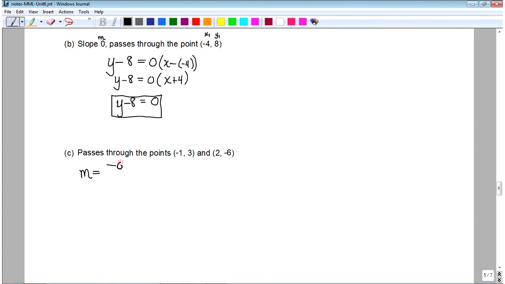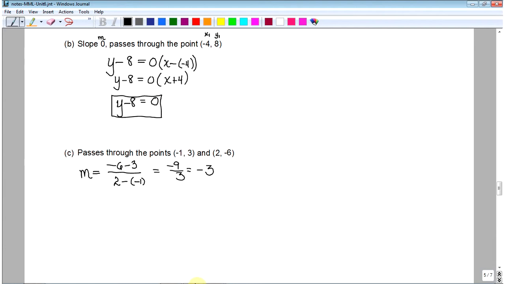So I'm going to have -6 minus 3 divided by the change in x. Need to start with the same point on the bottom. So 2 minus -1. In the numerator, we have -9 divided by 3 in the denominator, because that becomes 2 plus 1. So our slope looks like it's -3.